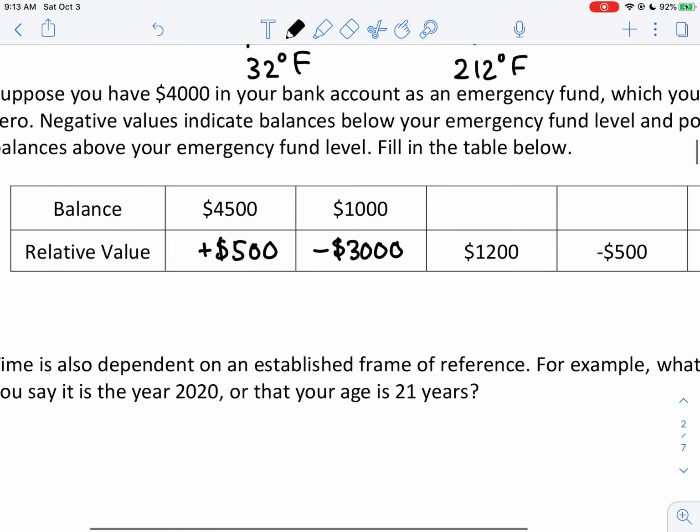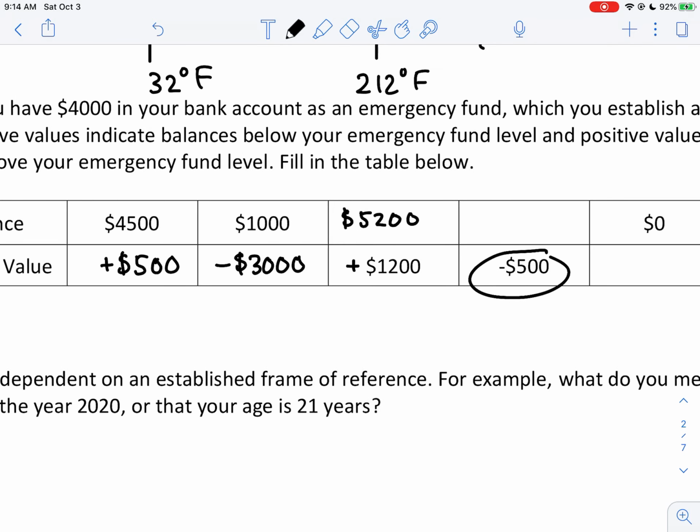Here, if you know the relative value, let's say that we're at a relative value of positive 1,200. Now, if there's no sign in front of it, always assume that it's a positive number. So if we're at positive $1,200, that means we are $1,200 above my emergency fund level. So my actual bank account would say that I had $5,200 in it.